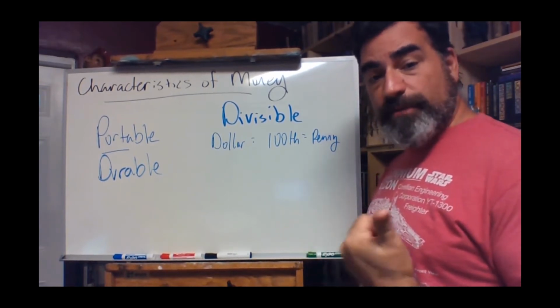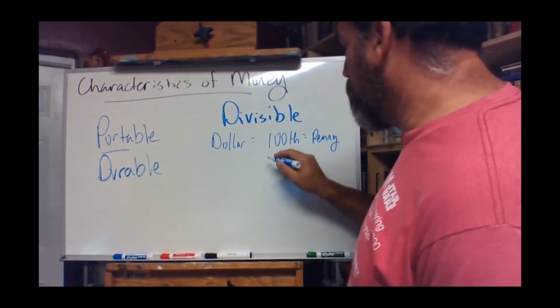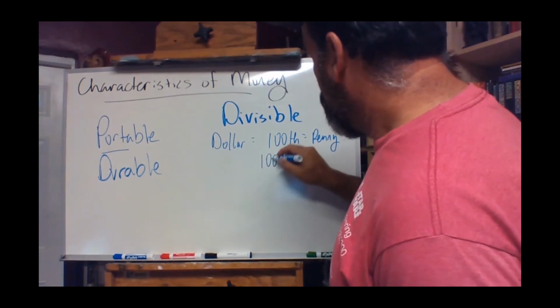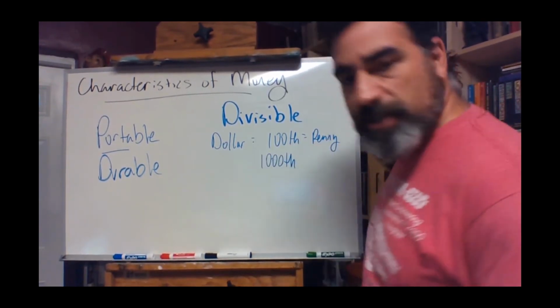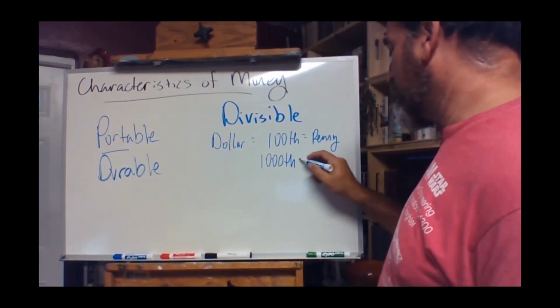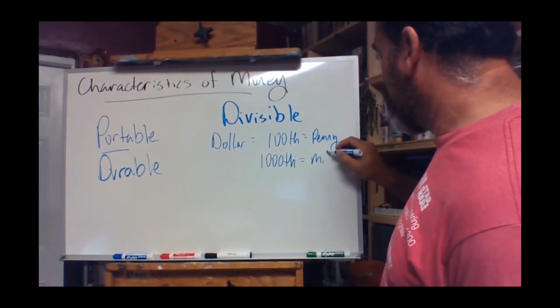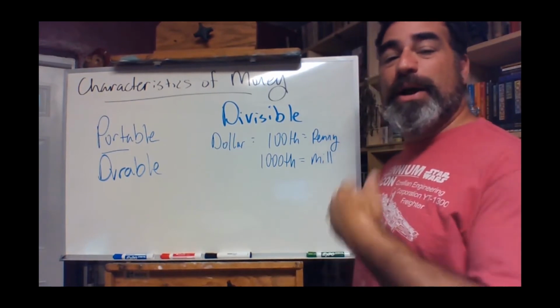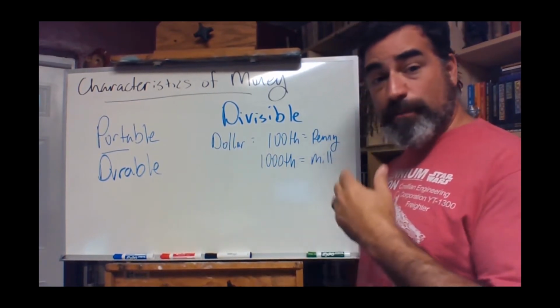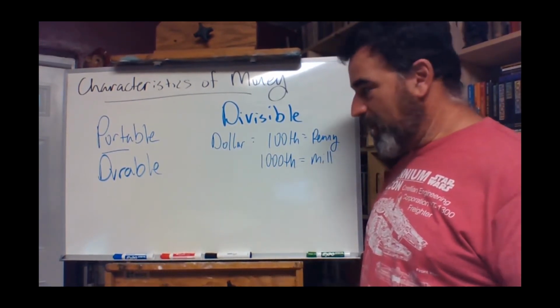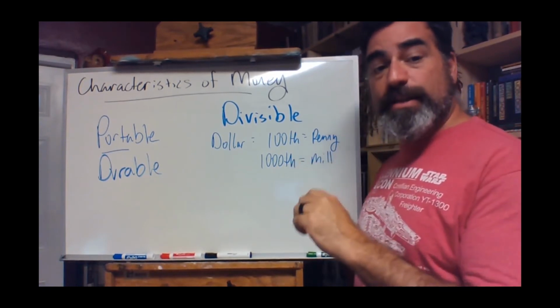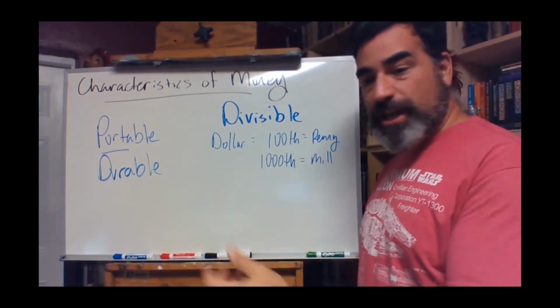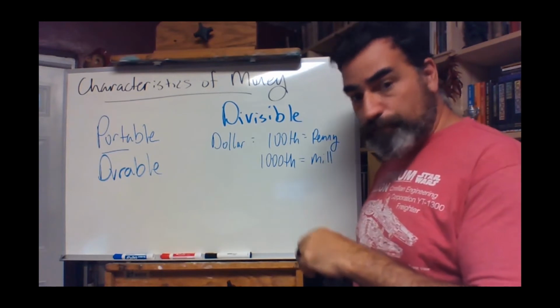Actually, believe it or not, the dollar is divisible into thousandths. And this thousandth is what you would call a mil. And that'll be important to you when you buy your own house and you are paying property taxes. Your property taxes are actually calculated according to what we call millage, to the thousandths of the dollar.